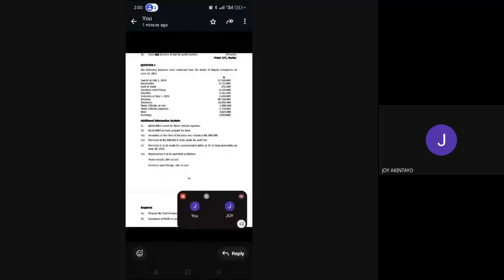Because sometimes they can just give you a question like this. You need to understand the reason, whether you are posting on the debit or credit side. It's a liability. And which type of liability?